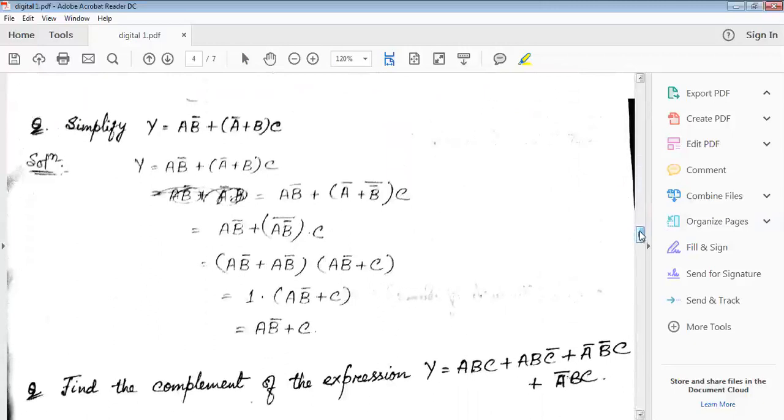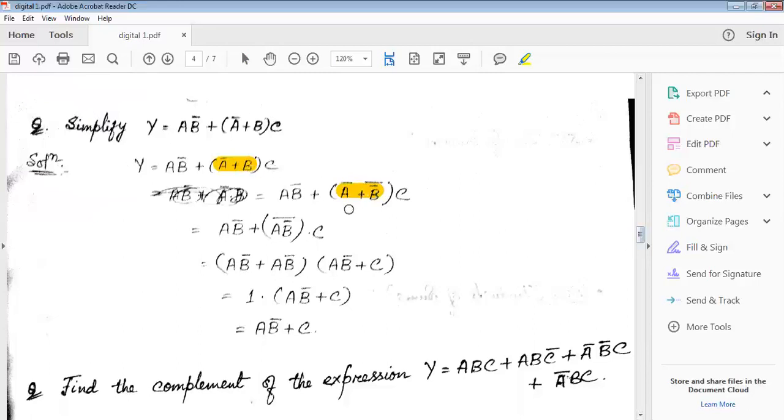So I'm coming to another problem, that is y equals AB bar plus A bar B into C. I've applied the second theorem of De Morgan's theorem, and it has become not.